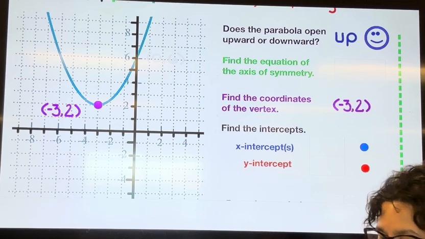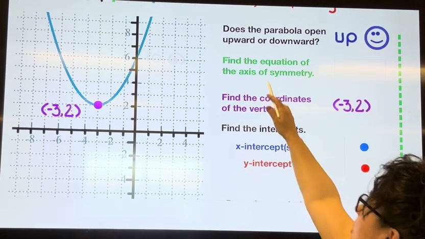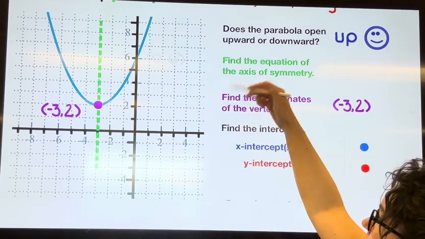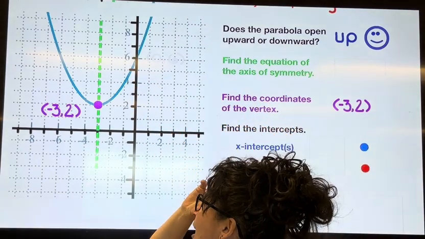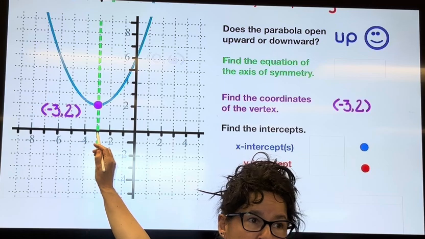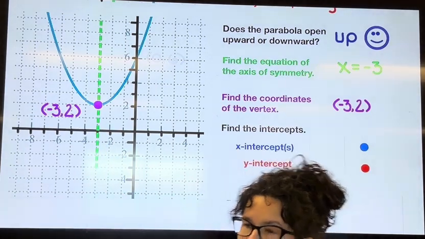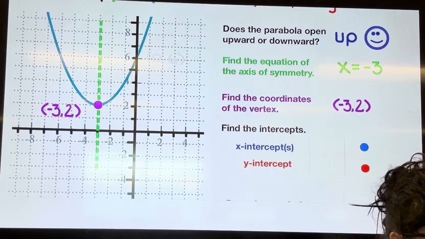And then notice equation of the axis of symmetry. Okay, there's my imaginary line that's cutting that in half. Notice it's slicing through the x-axis at -3. So the equation is x equals -3.